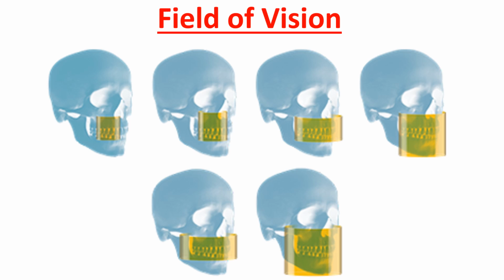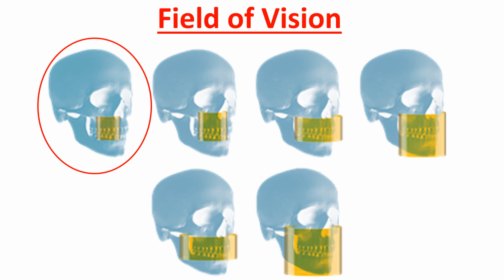It's important that we choose our field of vision because this gives me a reduction in the radiation given to the patient, and at the same time I can get a clearer picture of the specific area that I want.